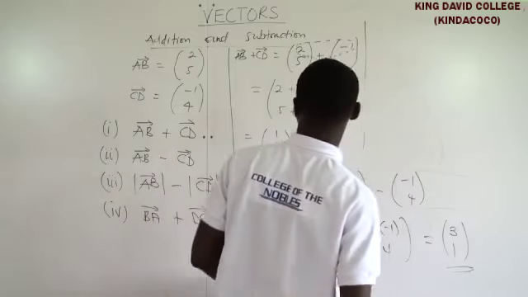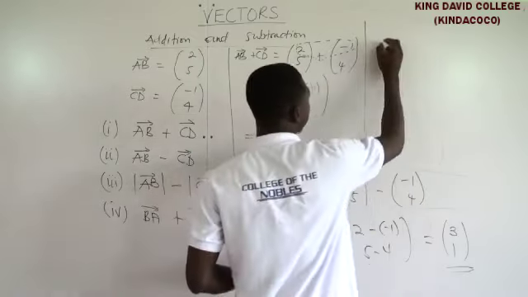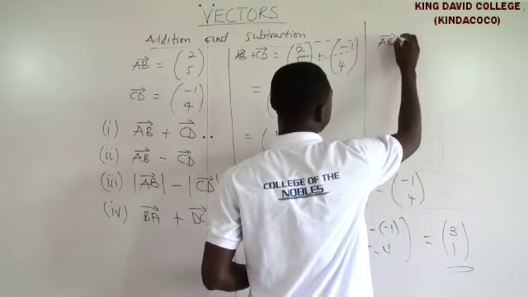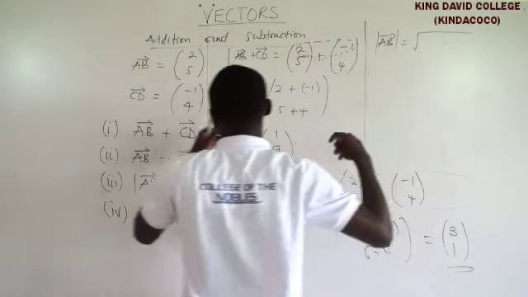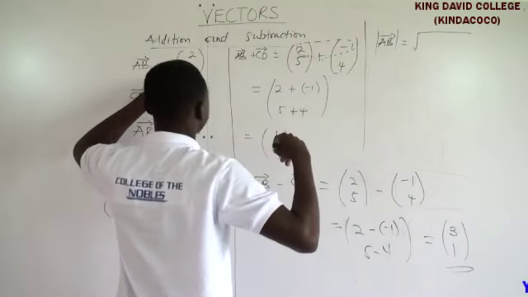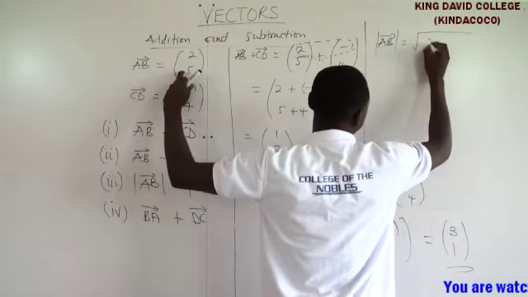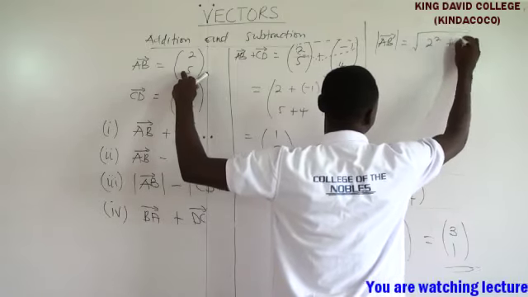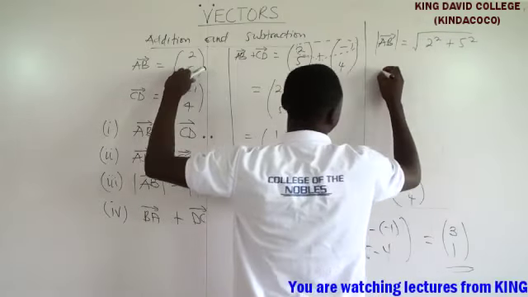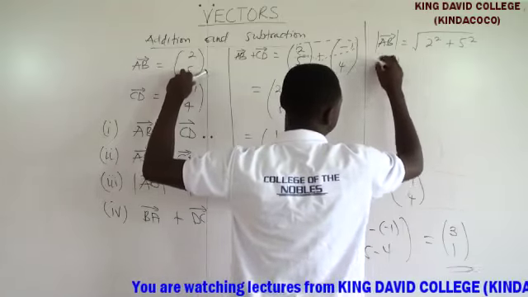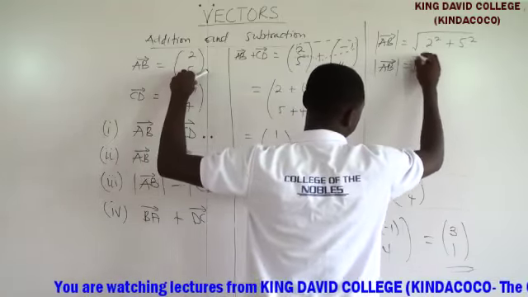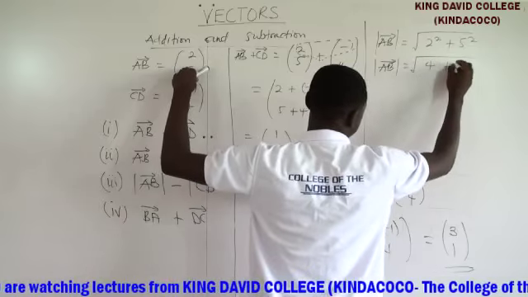So the magnitude of vector AB is root of 2 squared plus 5 squared, which is root of 4 plus 25.